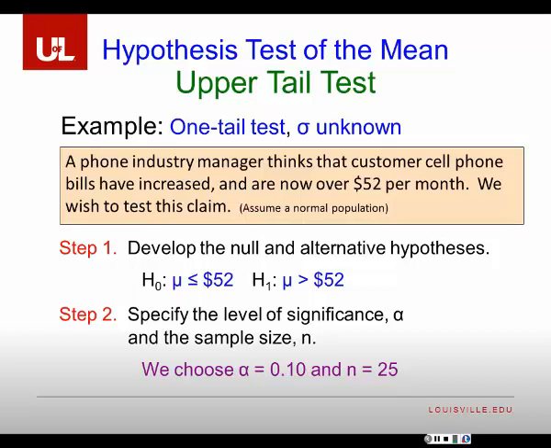I'm going to specify level of significance. In this case, we're going to say alpha is equal to 0.1. And again, because the square root of 25 is easy, we're going to use a sample size of 25. And we want to do a test here. Now, we haven't been given enough information yet to find our observed statistic, but we should be able to find our critical value. Right? So if alpha is equal to 0.10, we can go to a z-table now and find what that optimal z is.